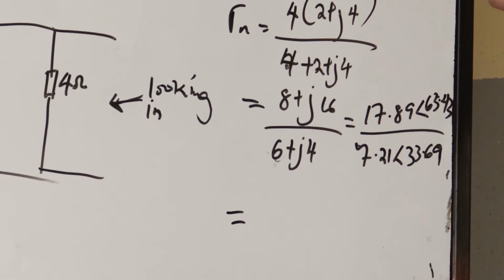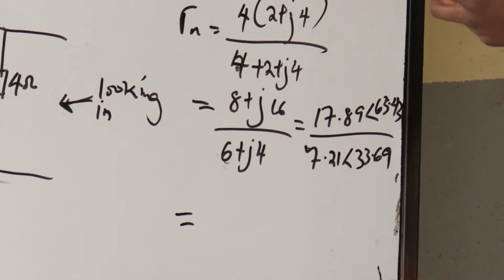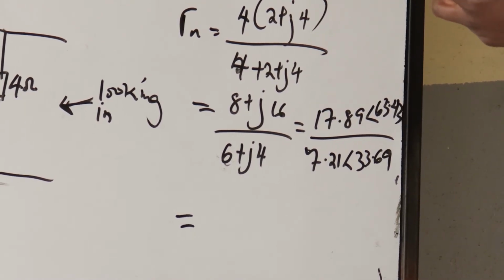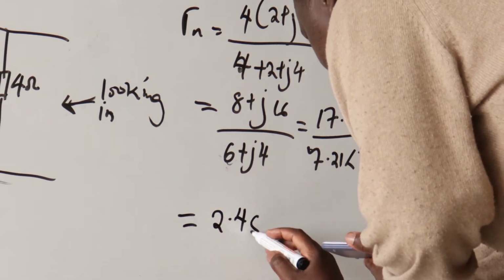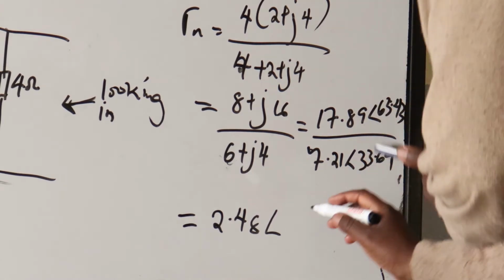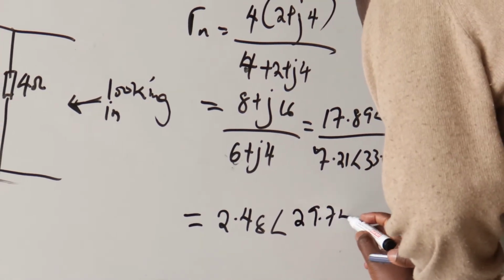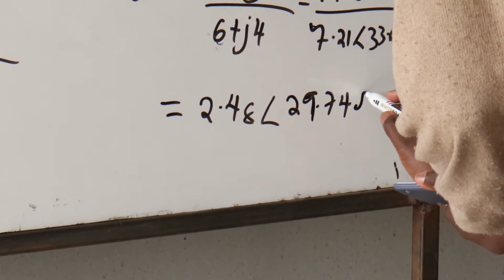17.89 divided by 7.21 is 2.48. The angle is 63.43 minus 33.69, which is 29.74 ohms.